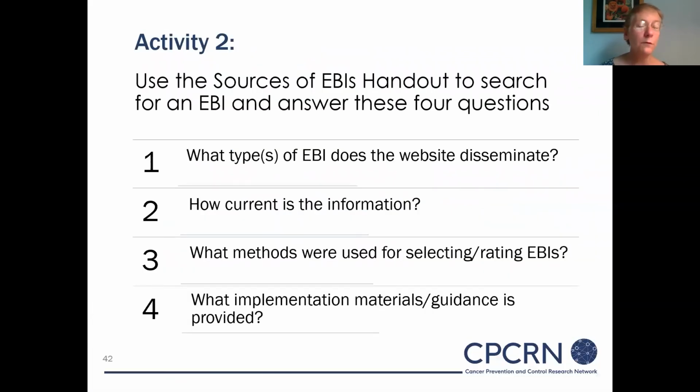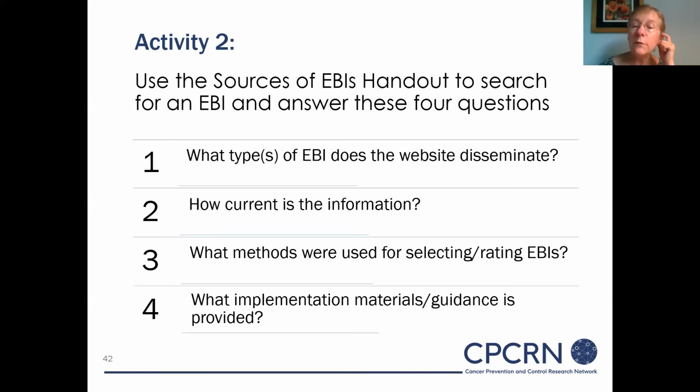So I'm going to give you 5 more minutes to actually go on a website. And you can either go on one of the 2 websites Mary shared before, or go on a different website from the resource list that Mary provided, and see if you can go on the website and answer these 4 questions. What types of EBI does the website disseminate? And by that, I mean, is it systematic review findings or research tested interventions?